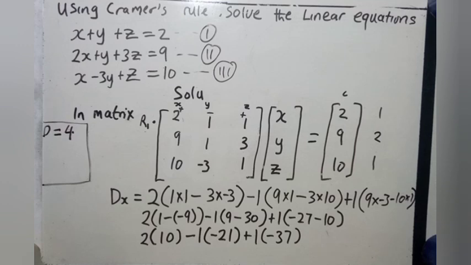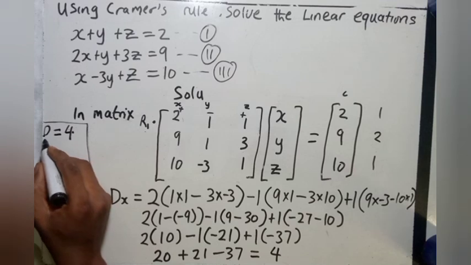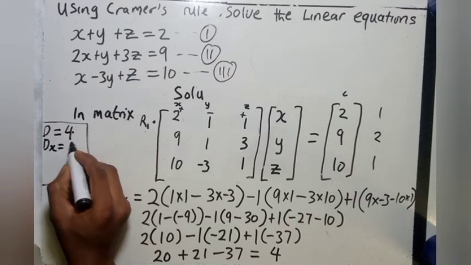And when we do that, we have here 20. 2 times 10 is 20. Minus 1 times minus 21 will give us plus 21. Minus times minus is plus. Plus 1 times minus 37, we have minus 37. So when we solve this, we have that our answer is 4. So we have gotten our dx, and we got it to be 4.